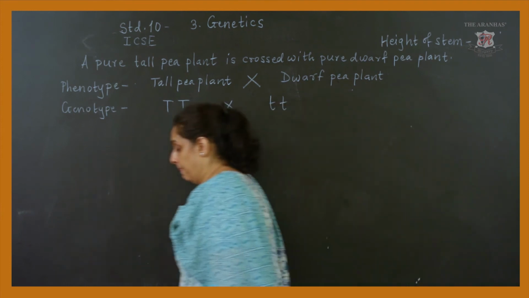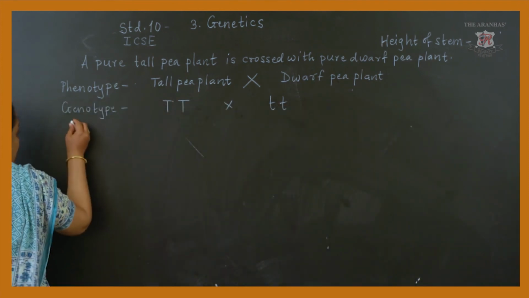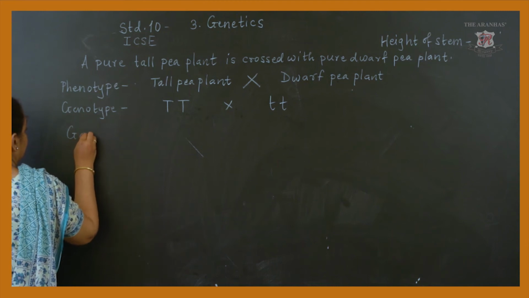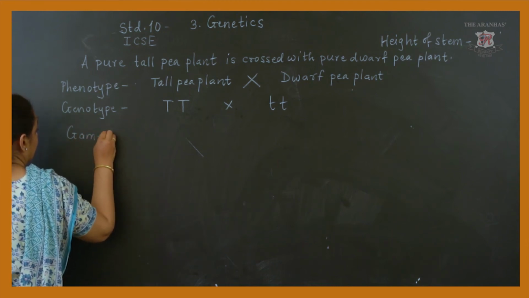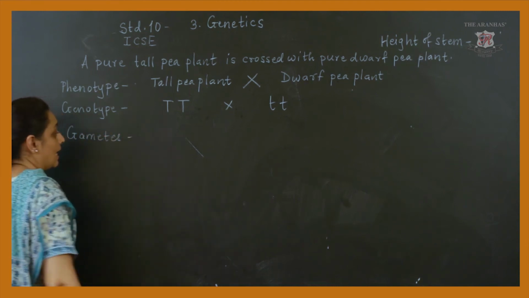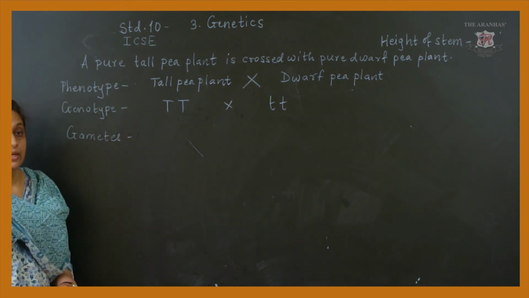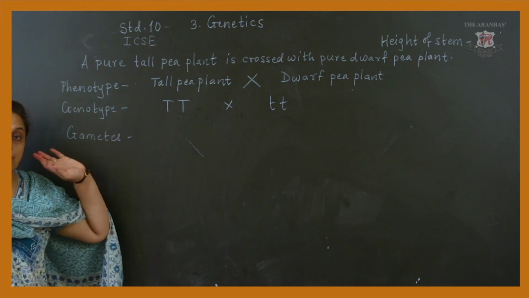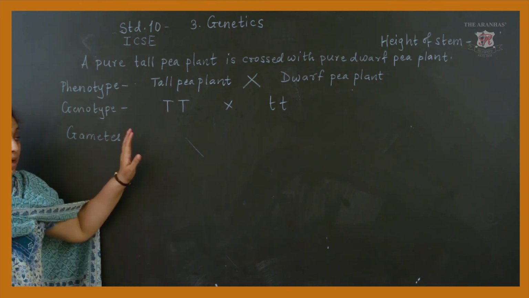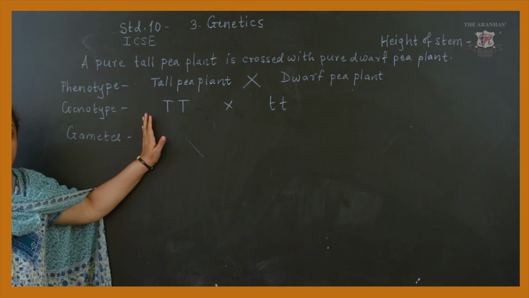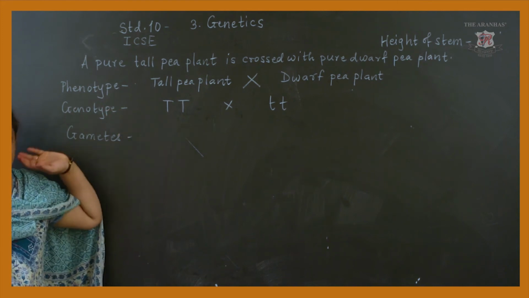Now, after this, gametes are produced. Okay. Now, remember that when gametes are produced, gametes carry 50% genes from parents.